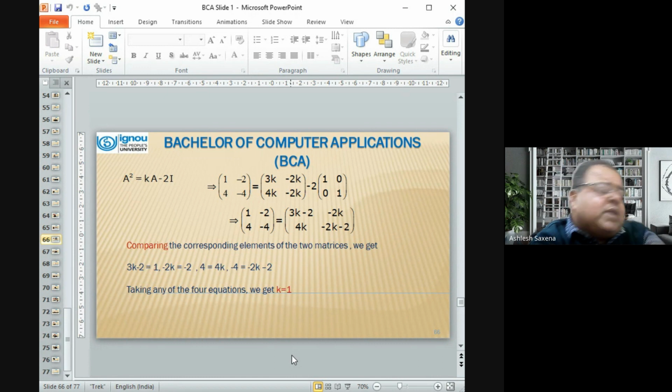If I pick that minus 2 to the other side, it will become 3. 3 will be equal to 3k, k will be equal to 1. Make it simpler. Pick up the second element: minus 2 is equal to minus 2k. Minus 2 got cancelled, k is equal to 1. Simple. 4 is equal to 4k, k is equal to 1. You will get the same answer.